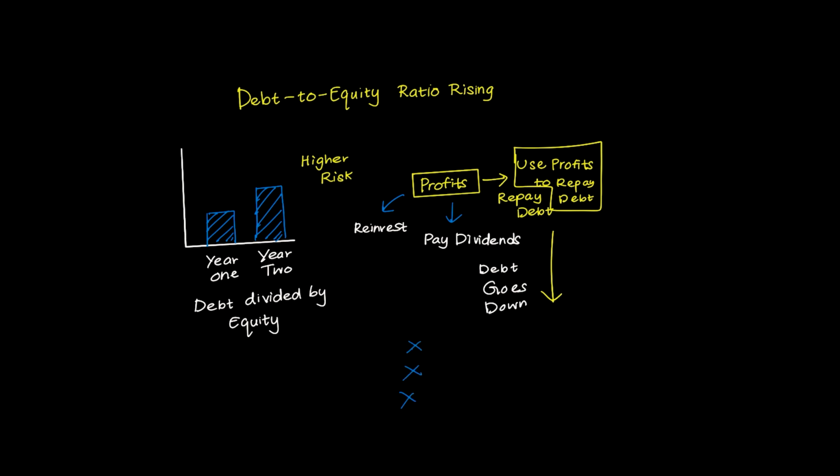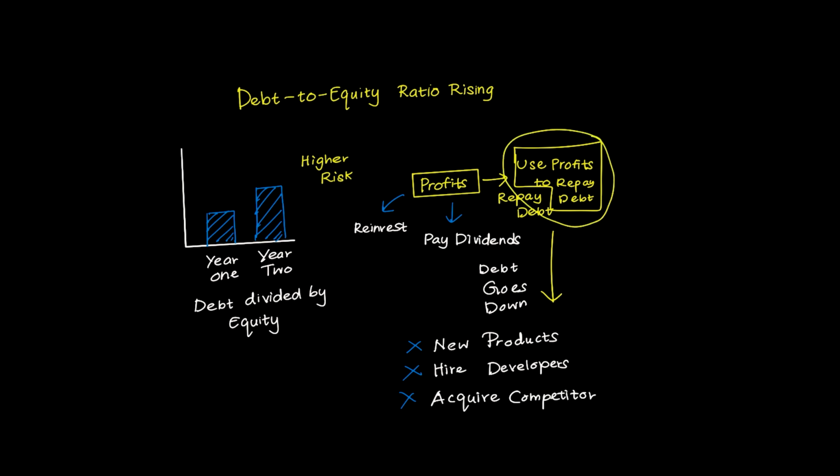Launching new products might generate future profits, but doesn't immediately reduce existing debt. Hiring more developers increases expenses and might reduce available profits. Acquiring a competitor typically requires taking on even more debt, making the problem worse. The direct path to lowering the debt-to-equity ratio is using current profits to reduce current debt.